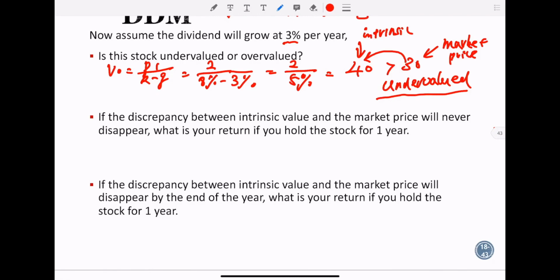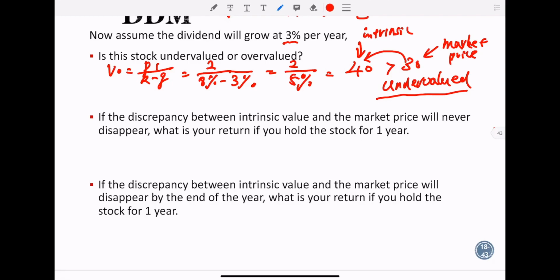So now let's assume you're unlucky. The market price will not converge to this intrinsic value. That is, the difference between the intrinsic value and the market price will never disappear. So in this case, what is your return if you hold the stock for 1 year?